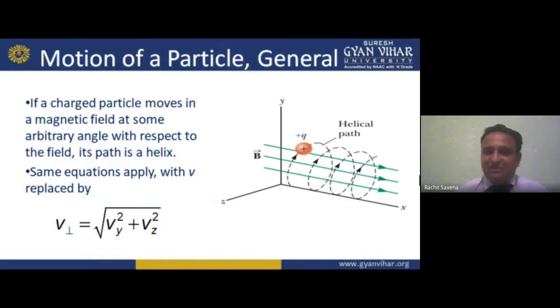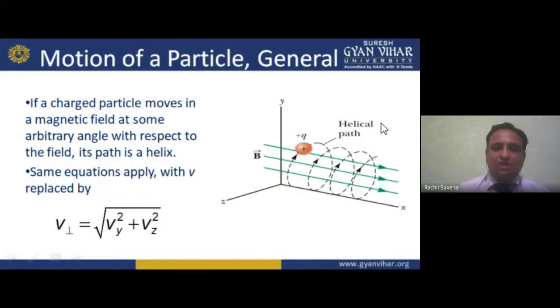I'm choosing some angle, so it gives you the helical path. See here, helical, it's moving like this. In three dimensions we have three axes, x, y, and z. If I'm talking about B along one axis, the charge moves along a helical path.